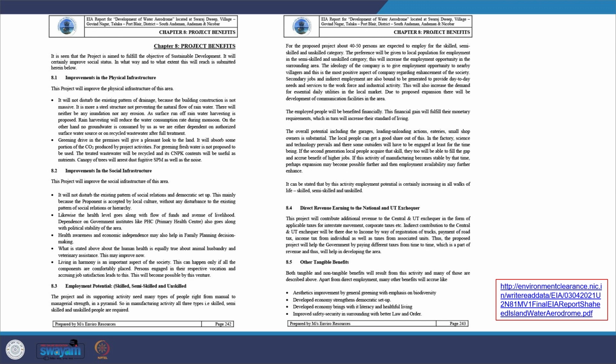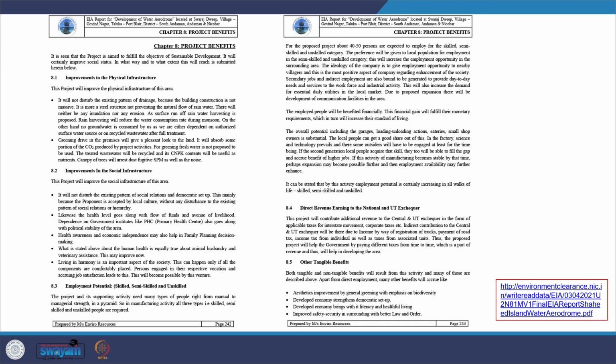The project and its supporting activity need many types of people, right from manual to managerial strength. For the proposed project, 40 to 50% are expected to be employed in the skilled, semi-skilled, and unskilled categories. So how they would really employ people here.